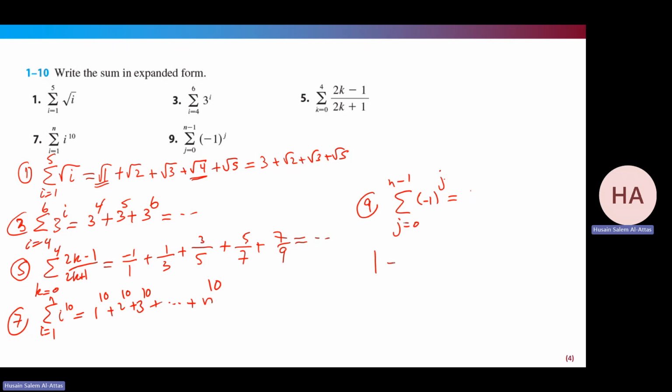J equals 1, that will be minus 1, plus 1, minus 1, until I reach minus 1 to the power n minus 2, minus 1 to the power n minus 1. Yeah, these cancel, but I don't know where I will stop. It depends on n. If n is even, then it means the last answer will be 0.